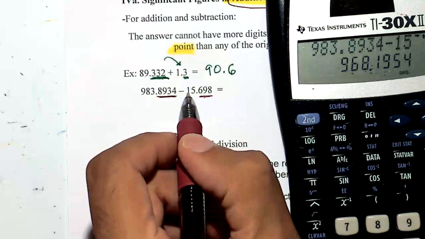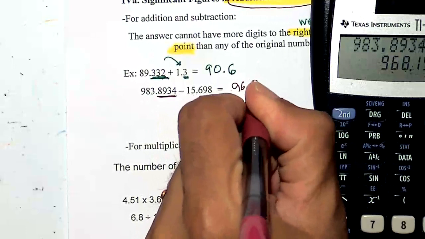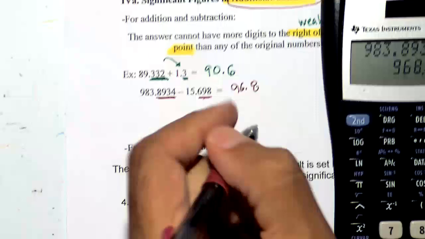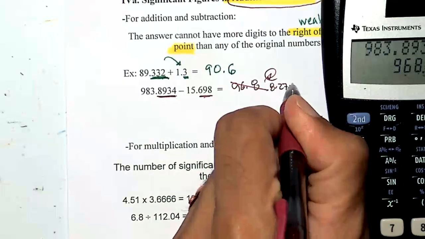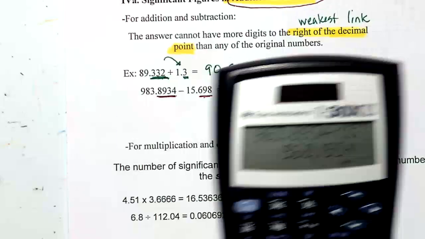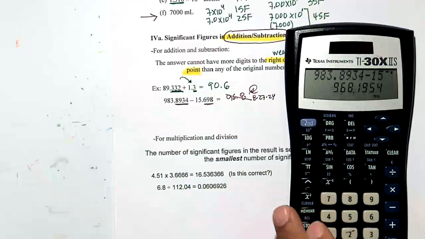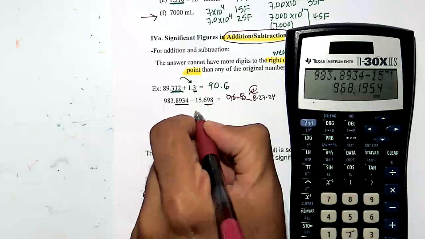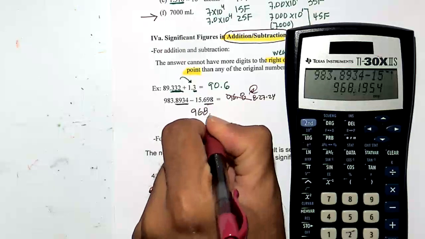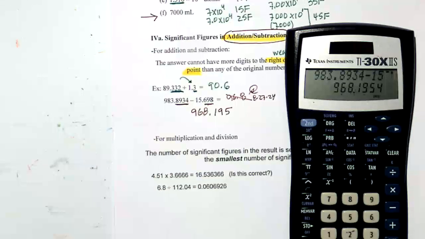How many decimals should we report this as? Sorry about that. We have this to 3 decimal places, so we're going to report this to 3. I'm getting 68.195, okay?